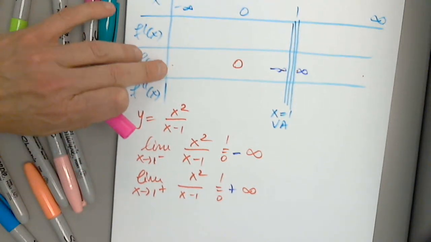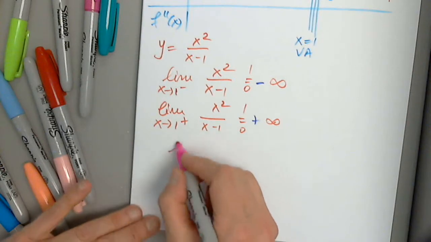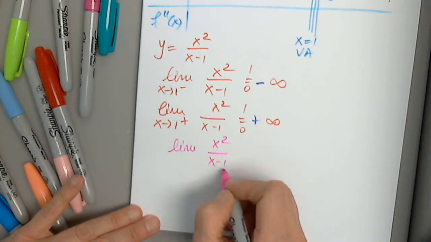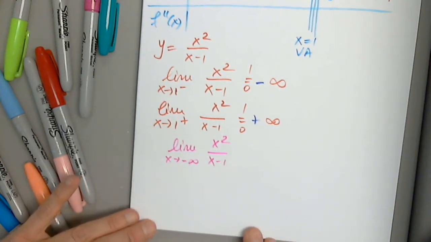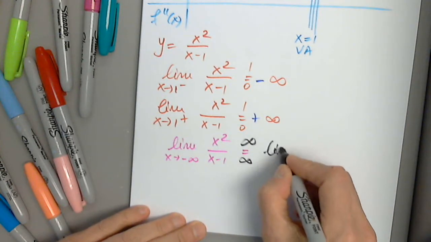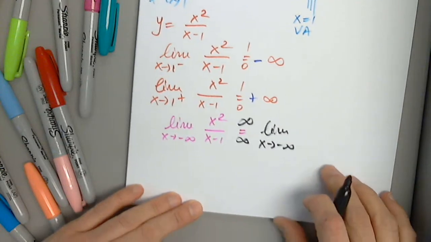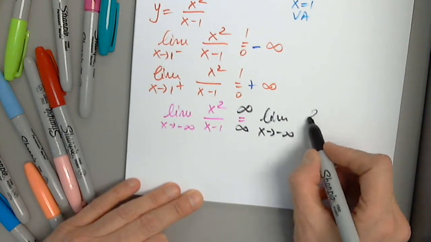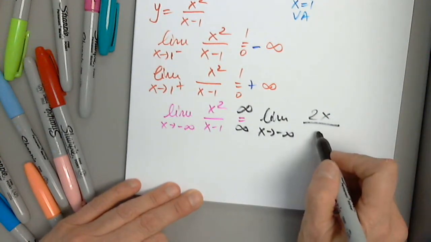Now I need to find the limit at infinity and negative infinity. Limit of x squared over x minus 1 as x approaches negative infinity. Okay, I have to plug it in to see what it is. Where does the top go? The bottom. I have a tool now. What is the tool? Very good. So I have the limit as x approaches negative infinity; the derivative of the top is 2x, and the bottom is 1.